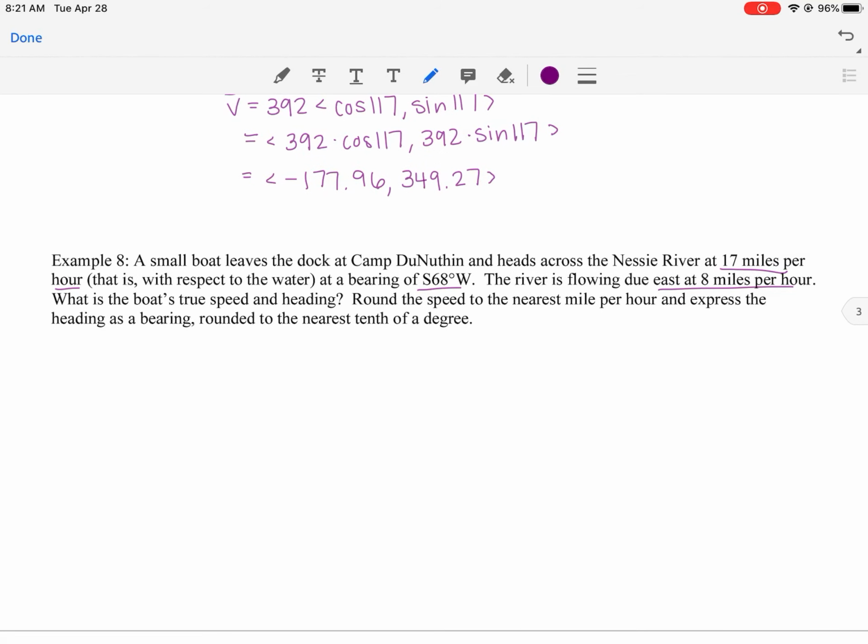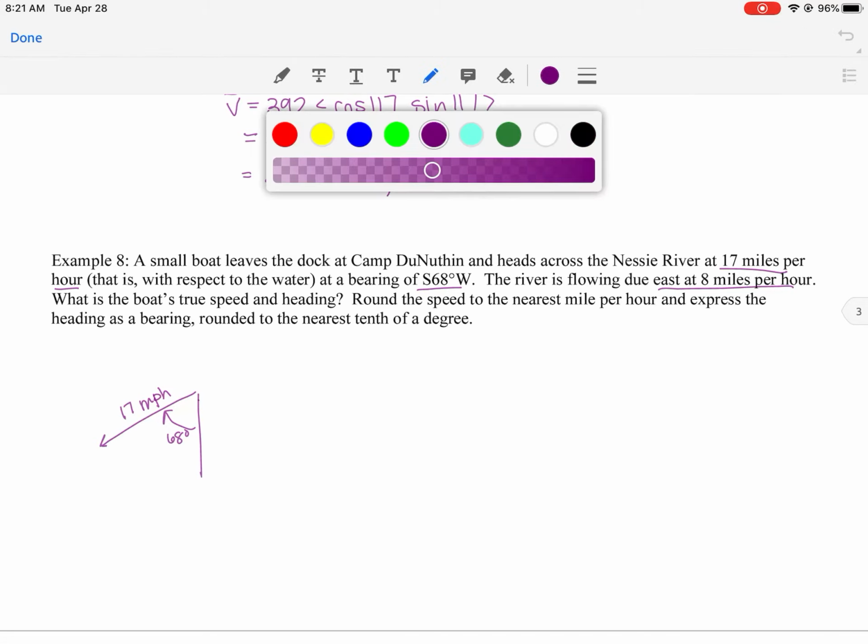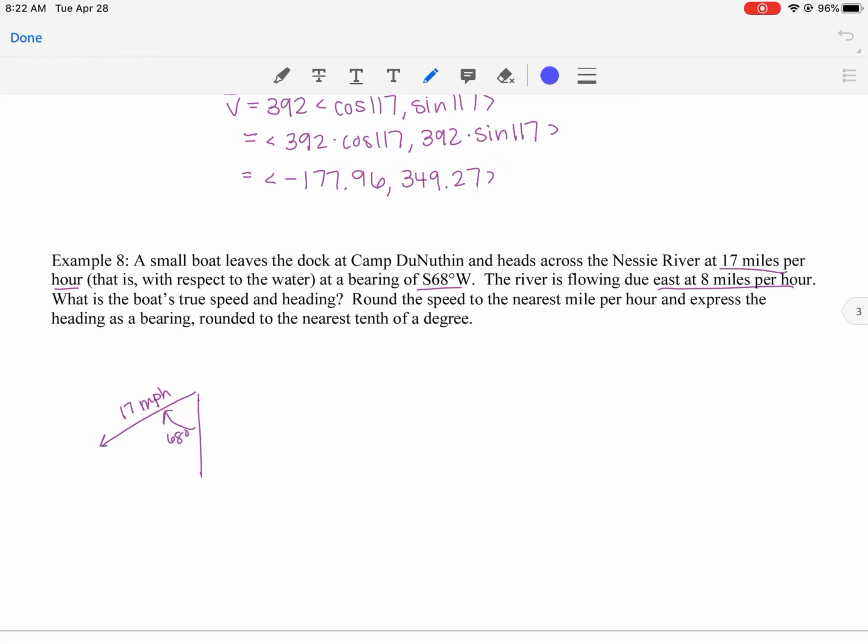So let's first think about this picture. I always think a picture helps. They're talking about going south, and then going 68 degrees west. So their actual heading is this way at 17 miles per hour. The river is flowing due east, so due east is going to go directly that way, and this is at 8 miles per hour.